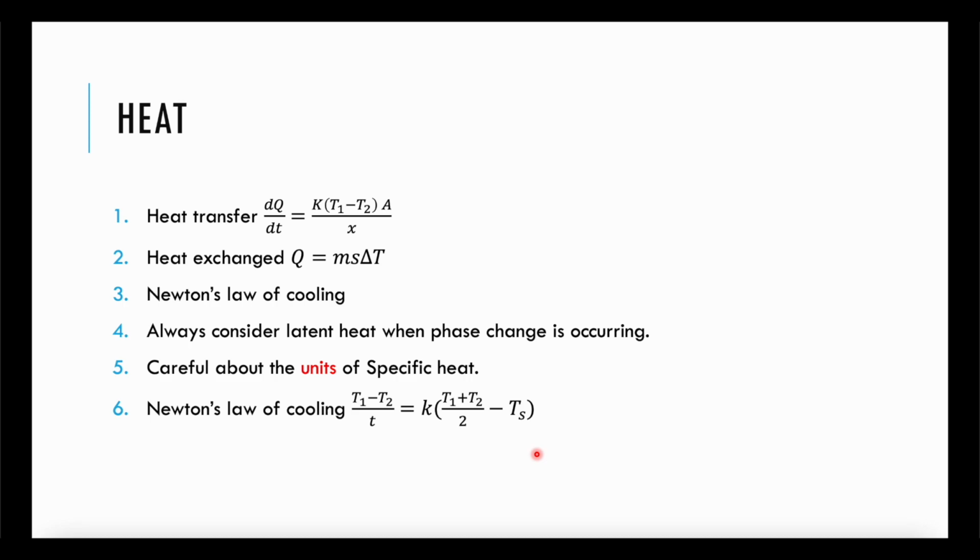So the problem said that there was one material and it first cools from T1 to T2 in the time given, the surrounding temperature given, and then from that given information you need to find K. And then the question says, what would be the time of cooling when the material is cooled from T1 prime to T2 prime. So basically you have to use the K in this equation and find the value of t. There was only one problem for Newton's law of cooling in the 2021 paper.